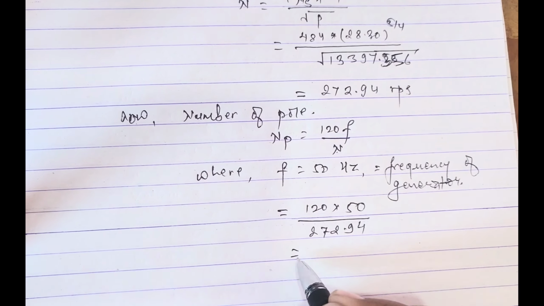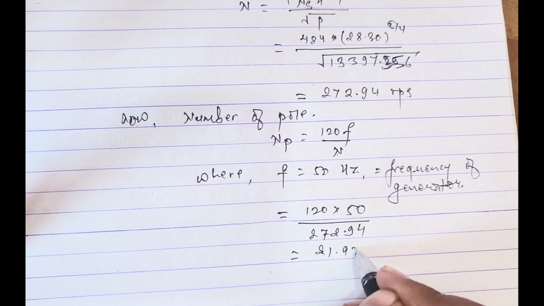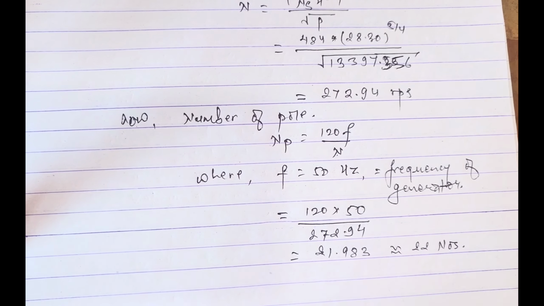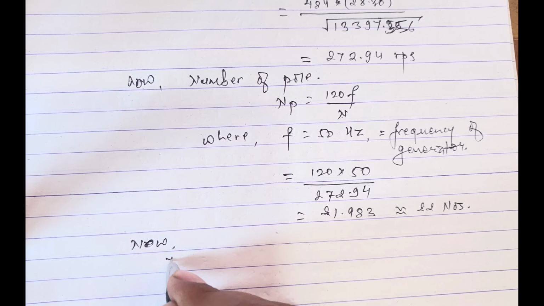On solving this, 21.983 is nearly equal to 22 poles.